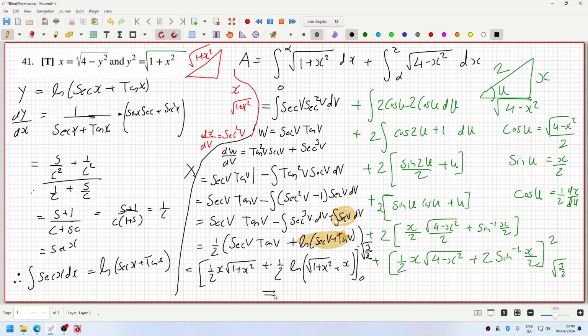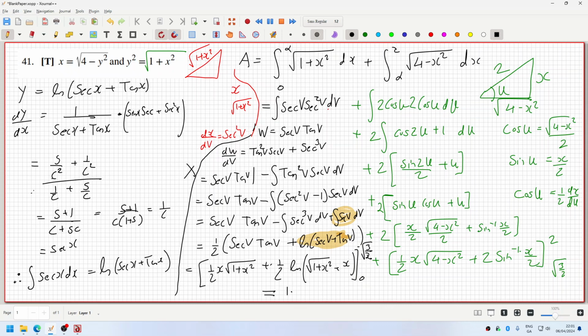All right, now it's ready. Now it's time to sub in. I really hope this is right. A half times that times root 1 plus squared plus a half times log root 1 plus that squared plus that.